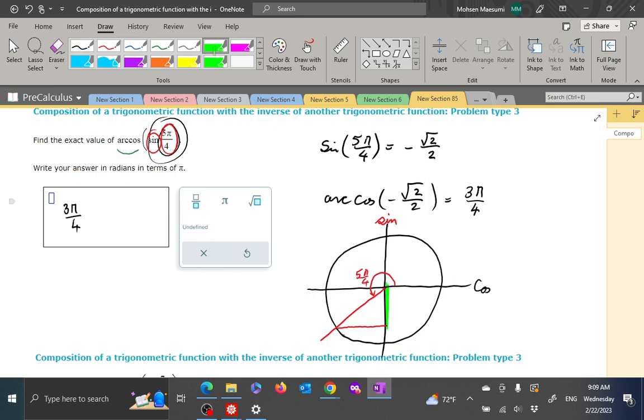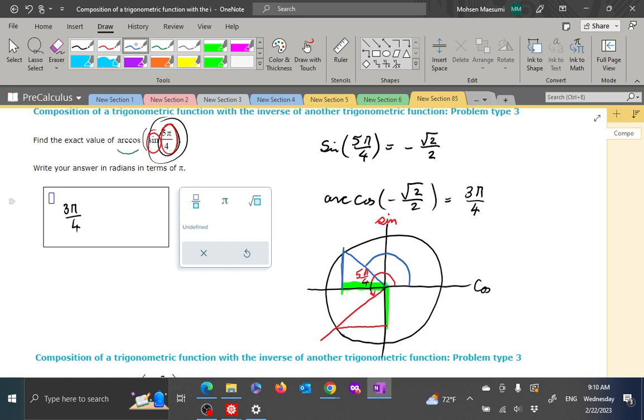This is a negative number, so I have to go in the negative direction. Then, to find the angle, I have to go up. So I go up. For the final angle, you connect this thing to the origin, and the angle you're after is this.